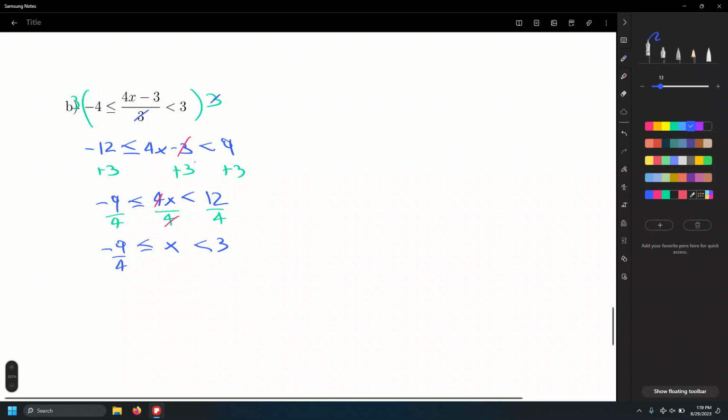Decimals might be required if you were ever required to apply this to some physical context or some other context. But in this case, at least, we will need to keep this in fractions. We leave them as fractions unless otherwise stated.